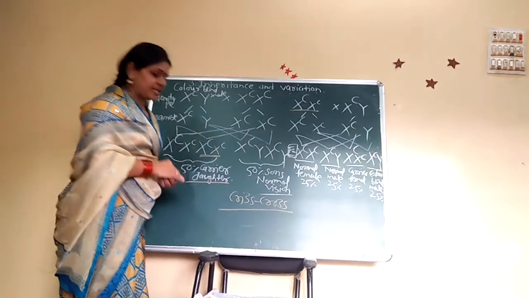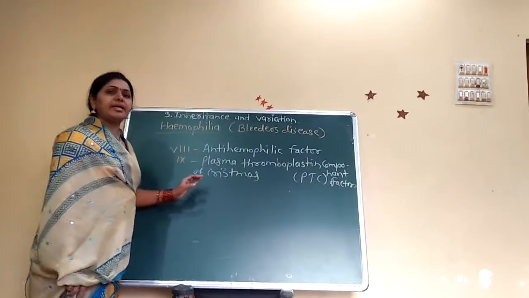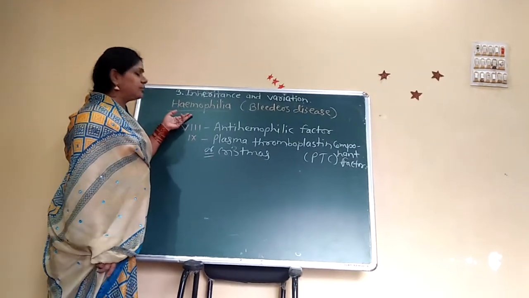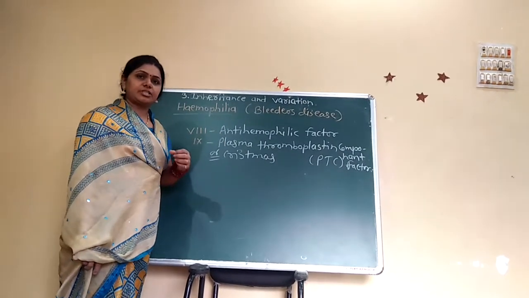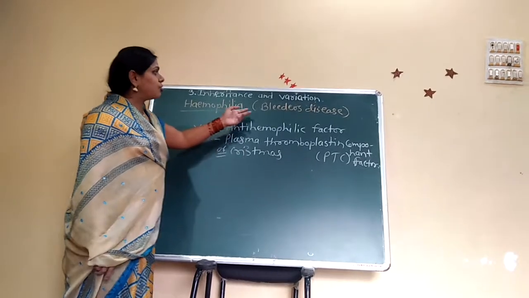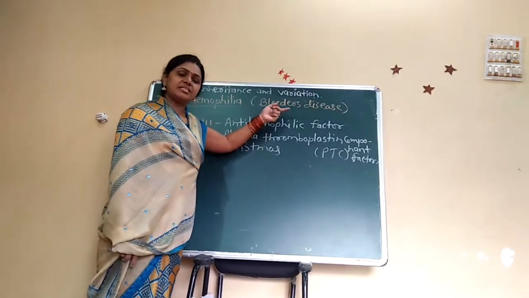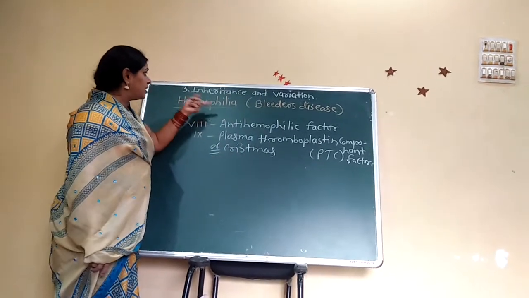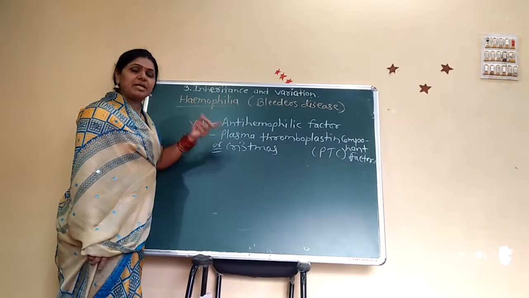Then we see the next example of hemophilia. The next example of X-linked recessive disorder is hemophilia, which is also called the bleeder's disease. Why is it called bleeder's disease? Because the person who has hemophilia has a problem with blood clotting.